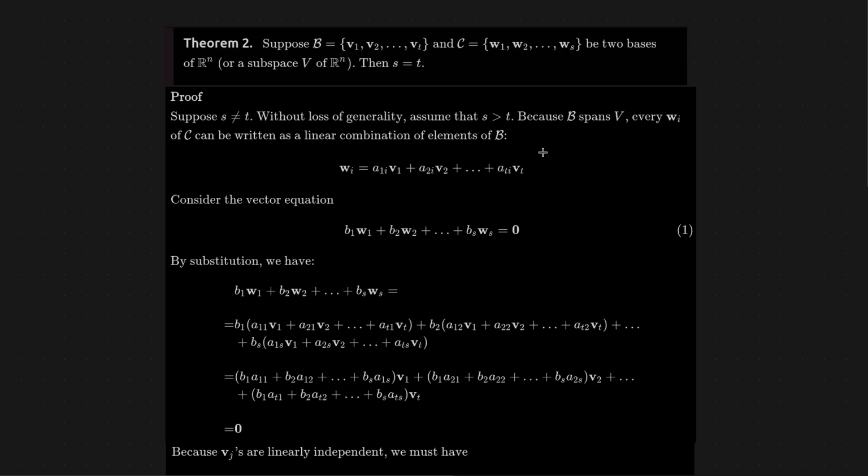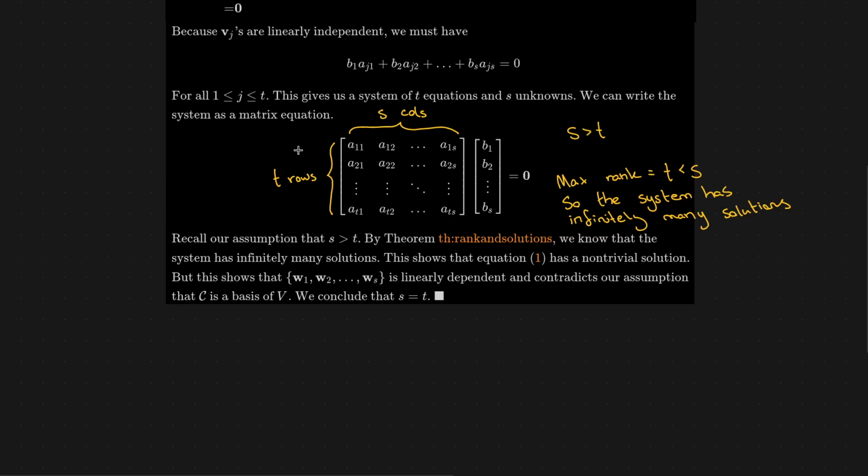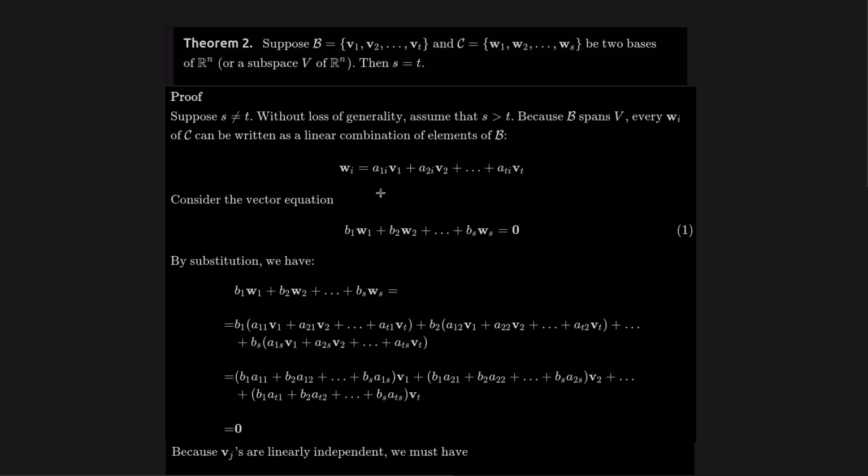A basis for a line, no matter which vector you use, will always have one vector. Okay? And what this does is it allows us to talk about how many vectors will be in a basis without having to think about a particular basis, because all the bases for a given subspace will have the same number of vectors in them.